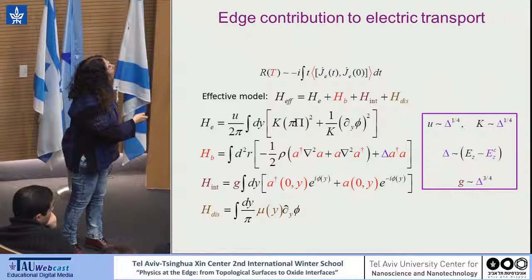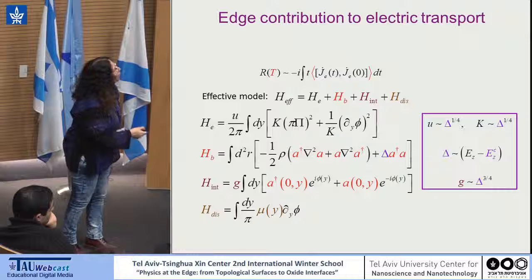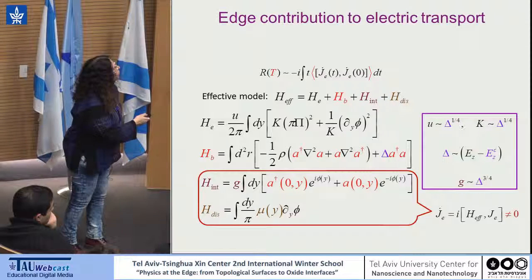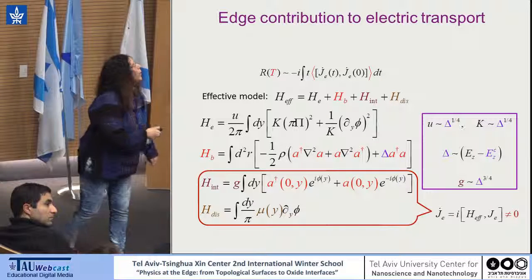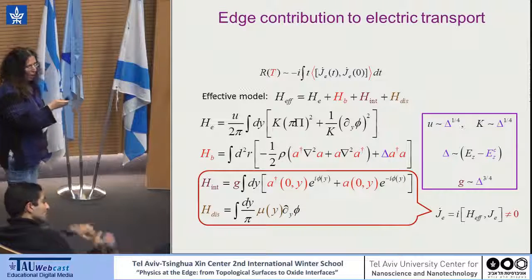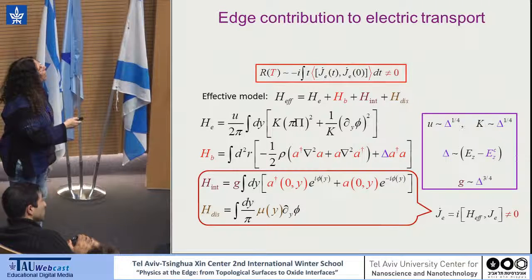So I don't want to discuss too many equations, but we have some effective model for the system edge and bulk, which can be implemented to calculate the transport.